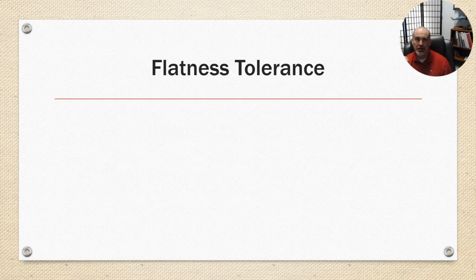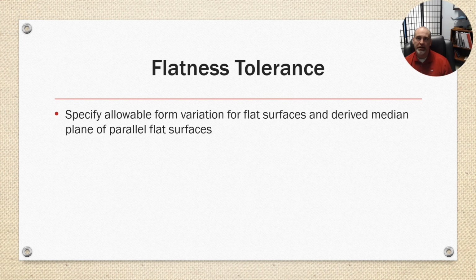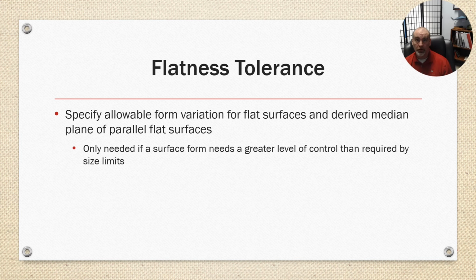Okay, flatness tolerance. Specified allowable variation of form from a flat surface and derived median plane on a parallel flat surface. So this last example of doing straightness on a flat plate is kind of silly, because this is how you do it with flatness instead. Only needed if a surface form needs a greater level of control than required by the size limits.